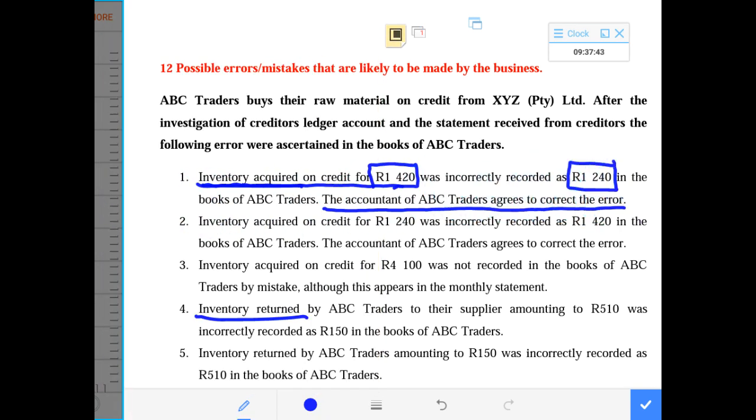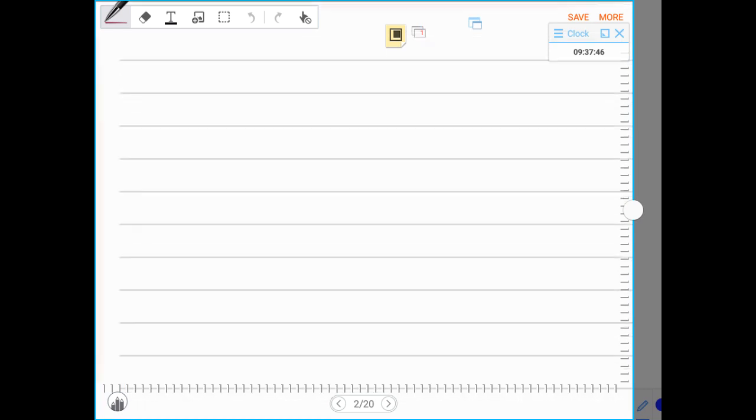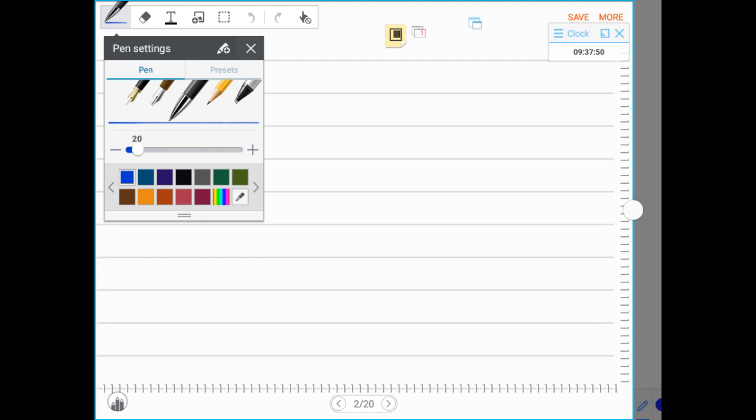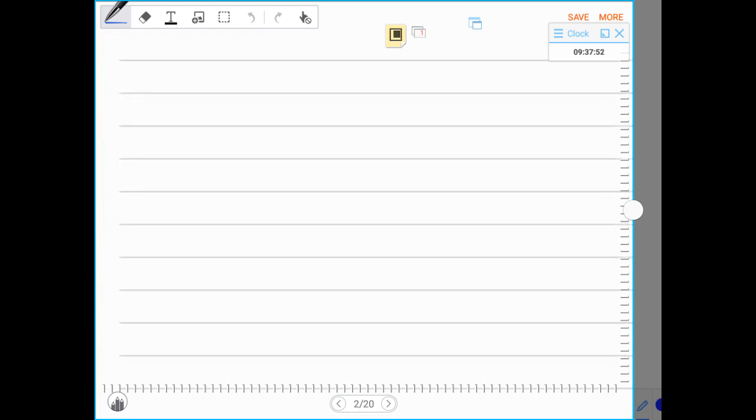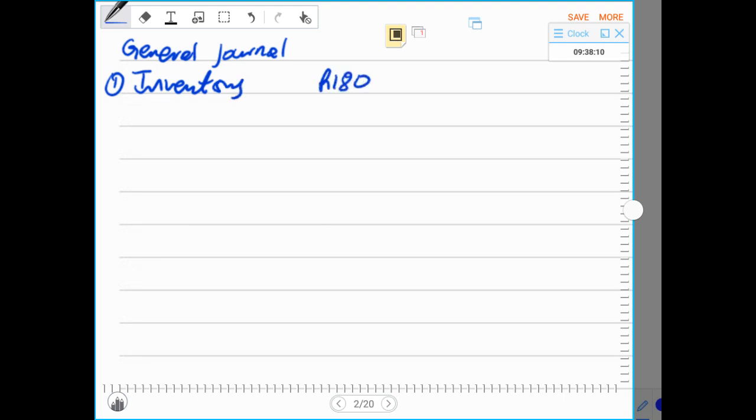Because inventory was underestimated and the creditor was underestimated, that means we have to increase both of them. And these are the general journal entries that we are recording. The first one, as I said, is that we increase our inventory because it was underestimated. We recorded the smaller amount and this will be increased by 180.